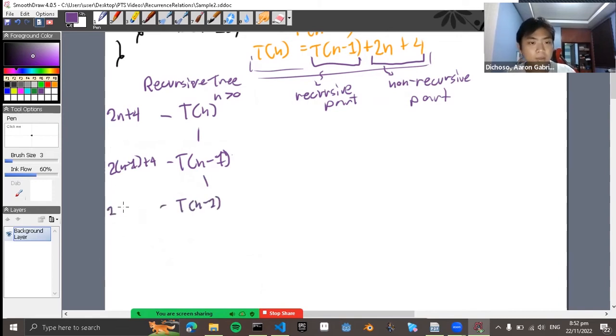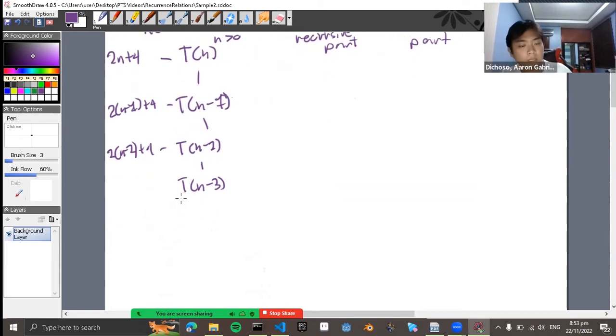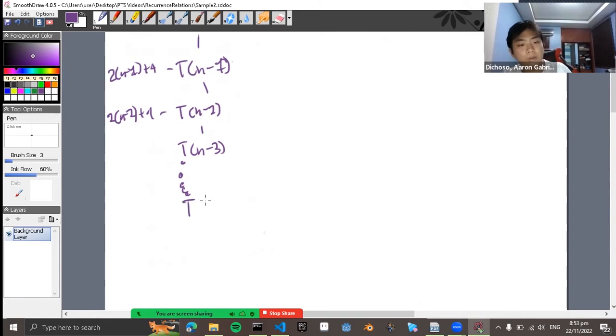Let's do it again. T of n minus 2 plus 4, and this would give out T of n minus 3. Okay? If we continue this all the way, we would eventually reach numbers like T of 1. So for T of 1, it would give out 2 times 1 plus 4. And eventually it would reach T of 0, which is 1.